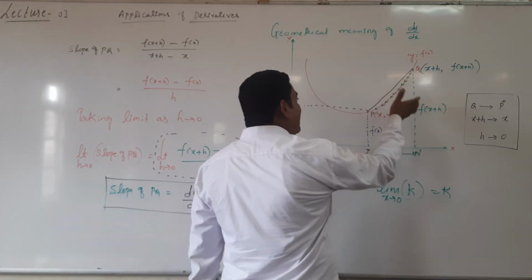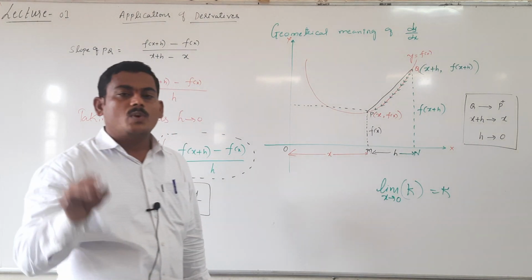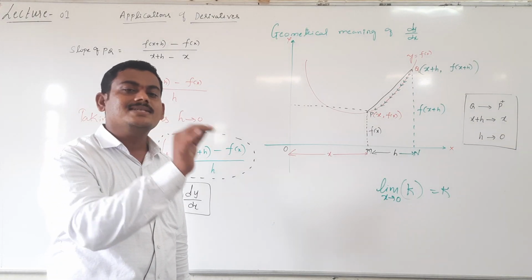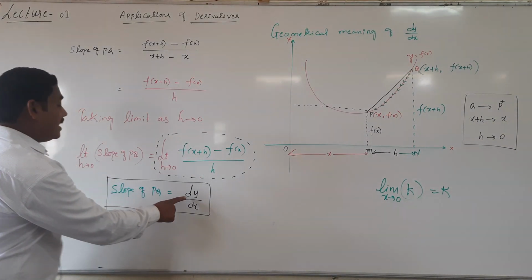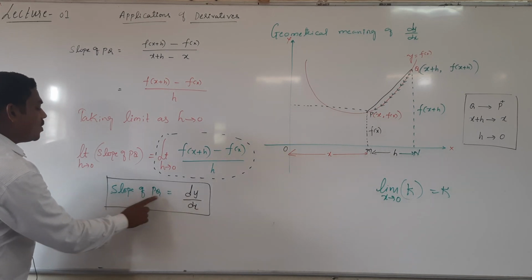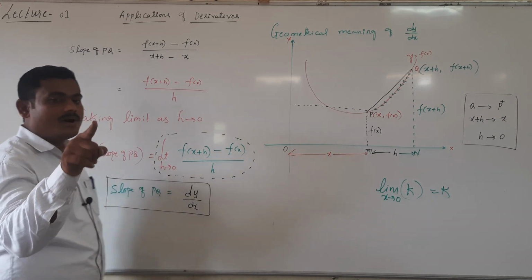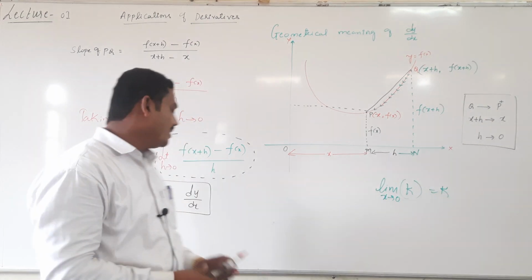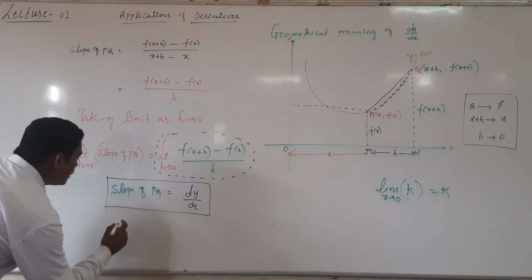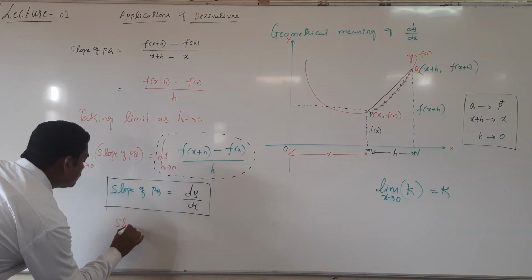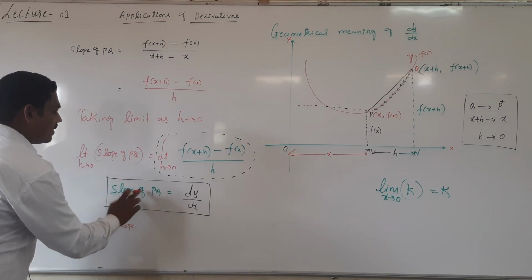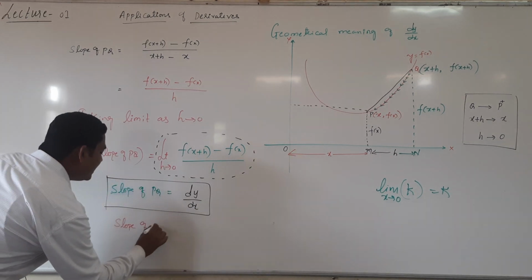PQ is a secant line. Whenever Q approaches P, then it is a tangent line. Then dy by dx is nothing but the slope of PQ. What is the slope of PQ? PQ is a tangent line, so instead of PQ, slope of tangent.